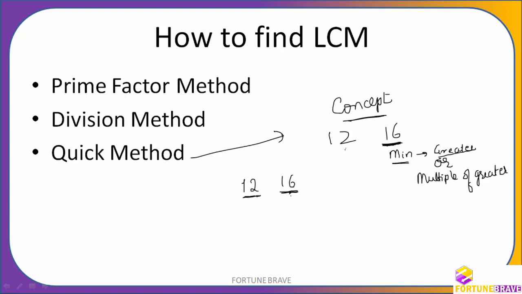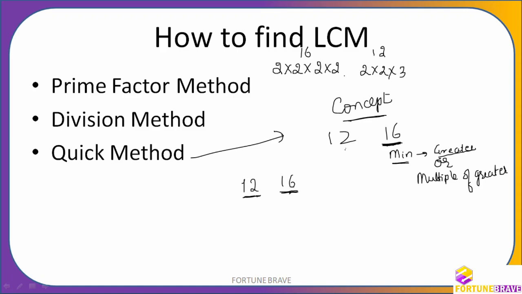But which multiple? When we did the prime factorization method, you would remember that we took the common ones apart. Here 16 was this and 12 was 2 into 2 into 3.